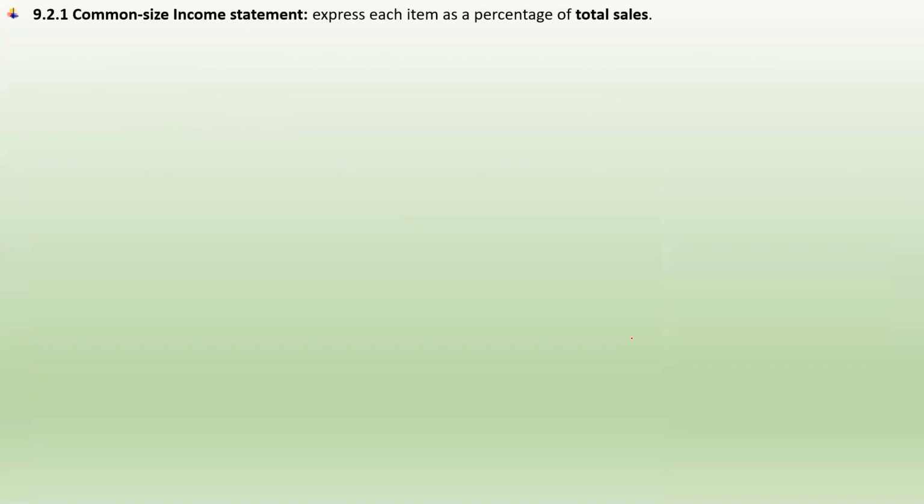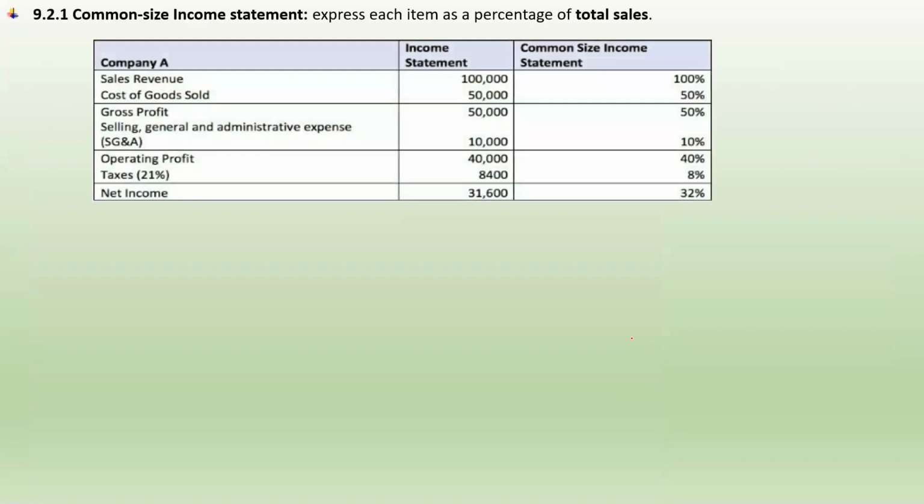A common size income statement is just like a common size balance sheet. The only difference is that we represent each item as a percentage of total sales. The sales here is 100,000, and we divide it by 100,000, which is itself, so we get 100%.